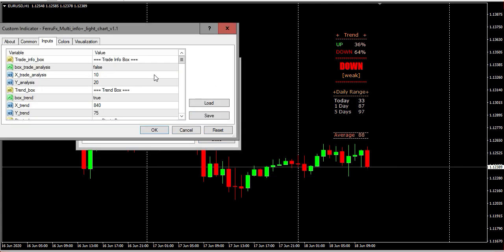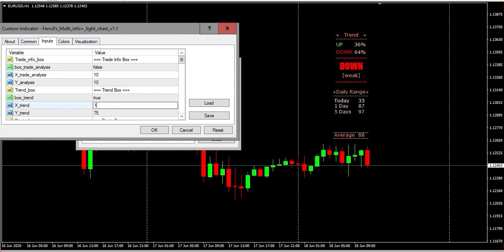In the editing we put the X trade analysis on 10, and the Y we should also make 10. Then you come to the box, make the box also 10, and this one also 10.